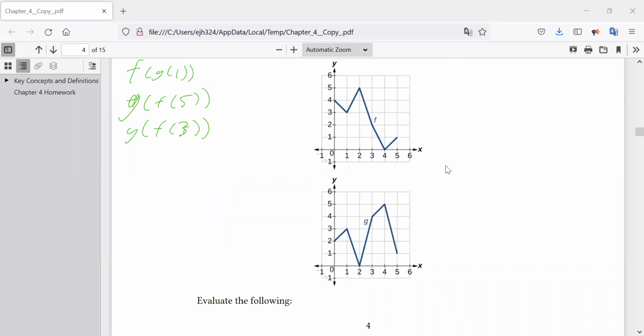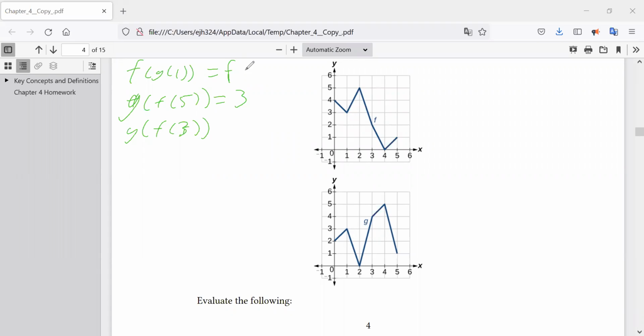Using the same idea here with g of f. So now we're doing f first, right? f of 5, so that's a 1. And then I look at g of 1, that's 3. Somebody tell me what g of 1 is and then what f of g of 1 is. Would it be 3?